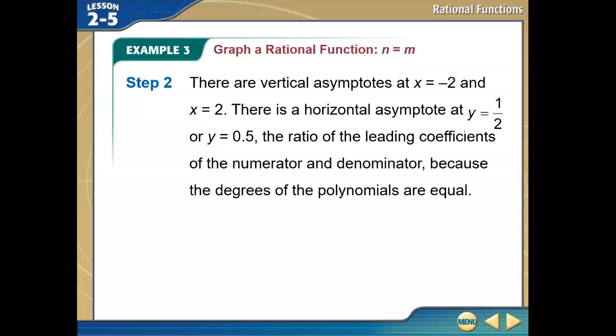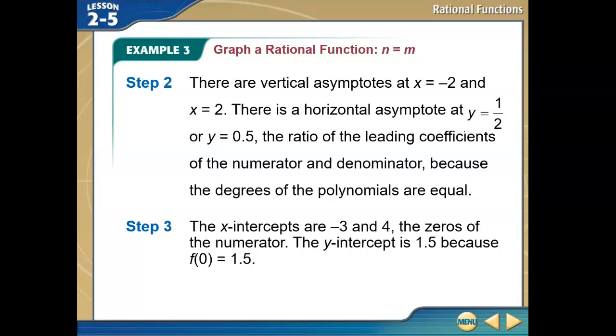The horizontal asymptote is at y equals 1/2. Once again, that was taking the ratio of the leading coefficients of the numerator and denominator because the degrees of the polynomials were equal.